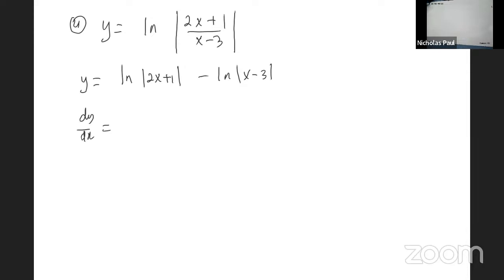And then you differentiate like normal. So you should have 2 over, and here you should have 1 over. If you want, you can find the LCM and break it down.